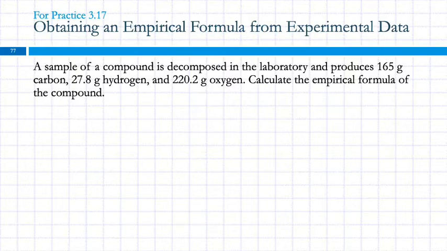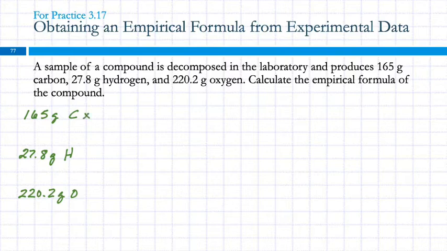So I'm going to write those down. 165 grams of carbon and 27.8 grams of hydrogen and 220.2 grams of oxygen. I can't find the formula with the ratio of masses. I need moles. So I have to convert these masses to moles.